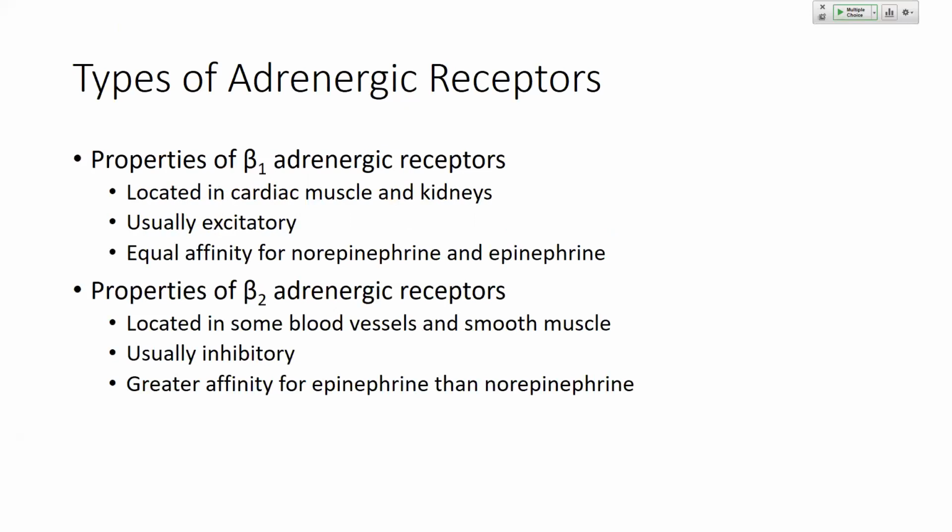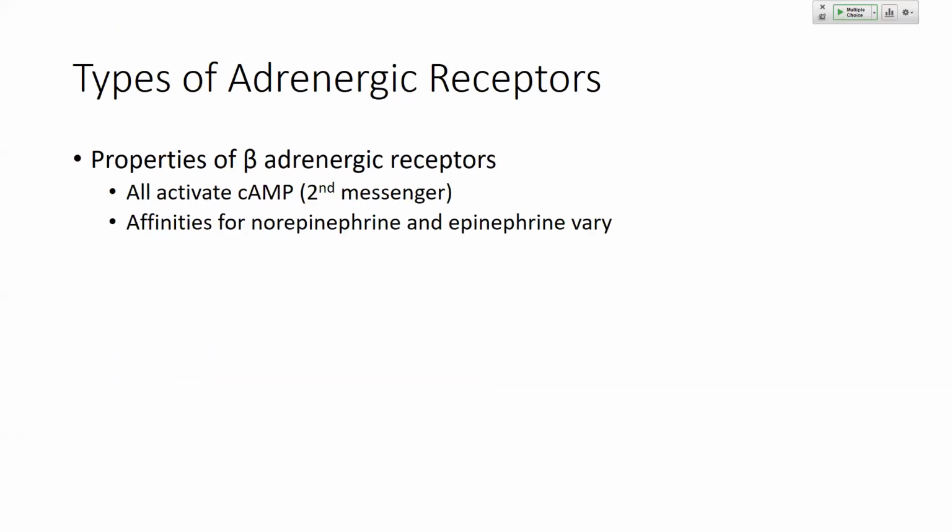What do I mean by cyclic AMP as the second messenger? Let's jump back here. So we're talking about an adrenergic receptor. We said that it's metabotropic, meaning that it's coupled to a G protein. And what's the relevance of cyclic AMP in that pathway?